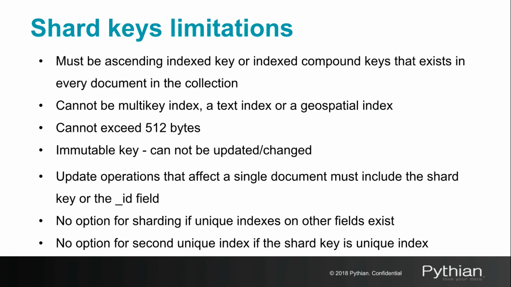And once you shard that collection on the unique index, then you can no longer add second unique indexes for any keys into that collection. So that's also a limitation for collections that you want to shard.